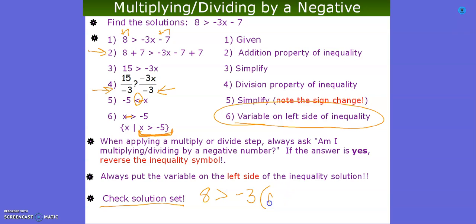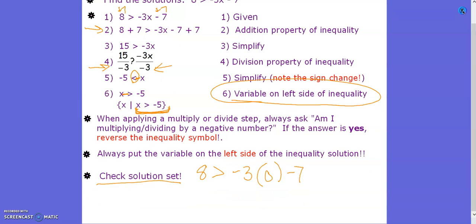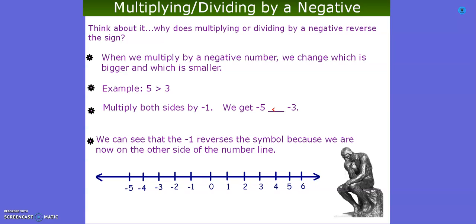For x, I'm going to plug 0 in, and then simplify. So let's see. 8 is greater than negative 3 times 0, which is 0, minus 7. So is 8 greater than negative 7? Is that true? It is true. And if it's true, that means that 0 is a possible solution. So it looks like we've got our inequality correct.